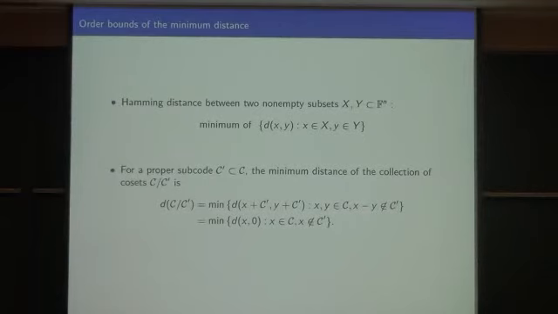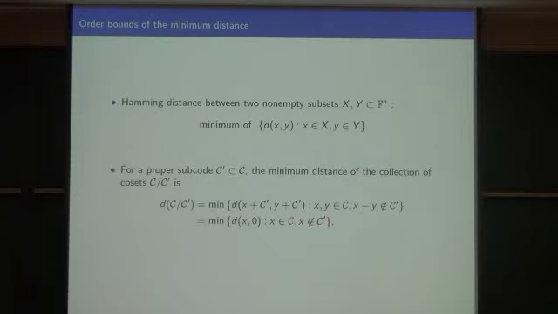So you can write it as x minus y is never inside C prime. In terms of weight, this is the same as saying you find the weight outside of C prime: x is in C and x is not in C prime, and you take the minimum.